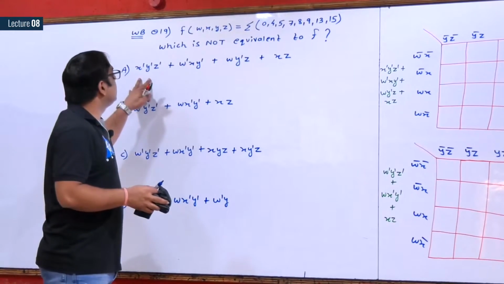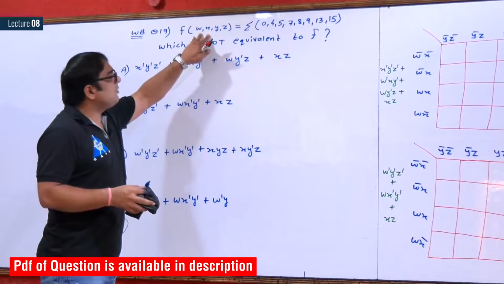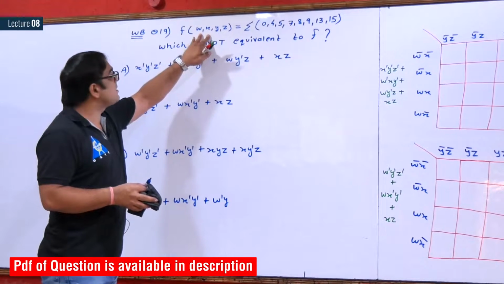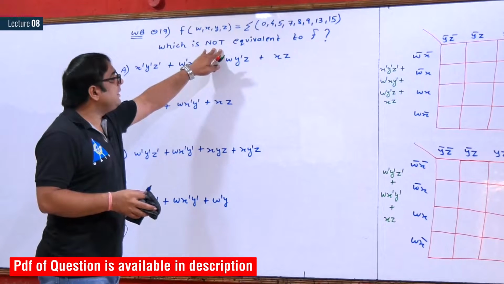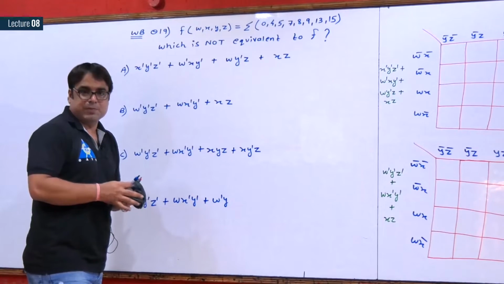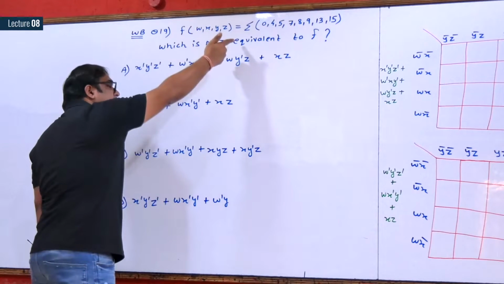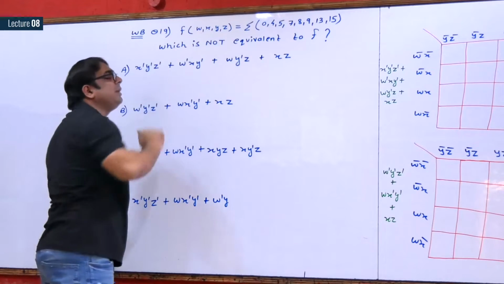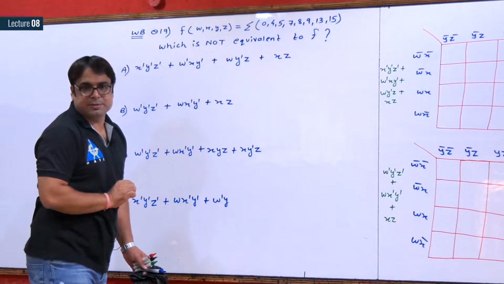Workbook, question number 19. Function f is given of 4 variables w, x, y, z, and you have to find which option is not equivalent to function f. 4 options are given to you. It means three functions are equivalent to f and one function is not equivalent.